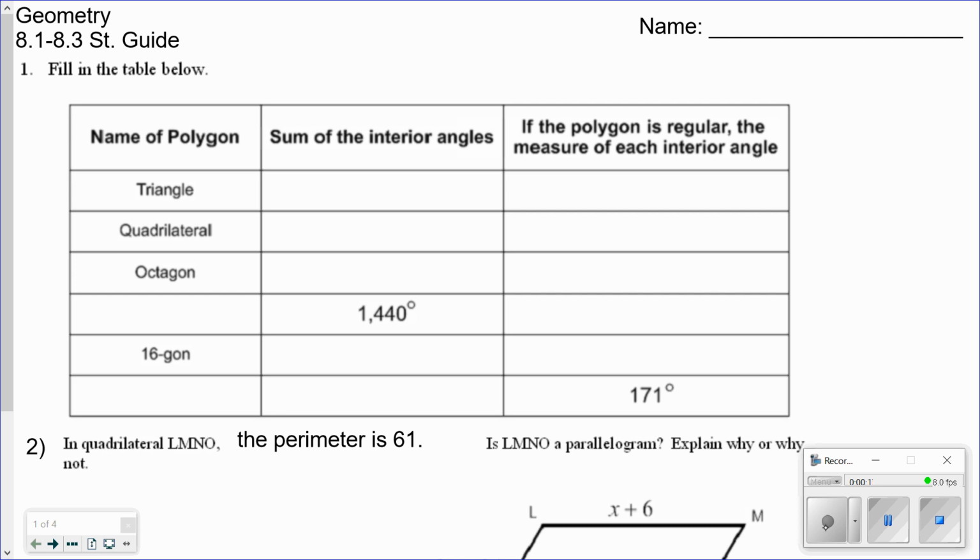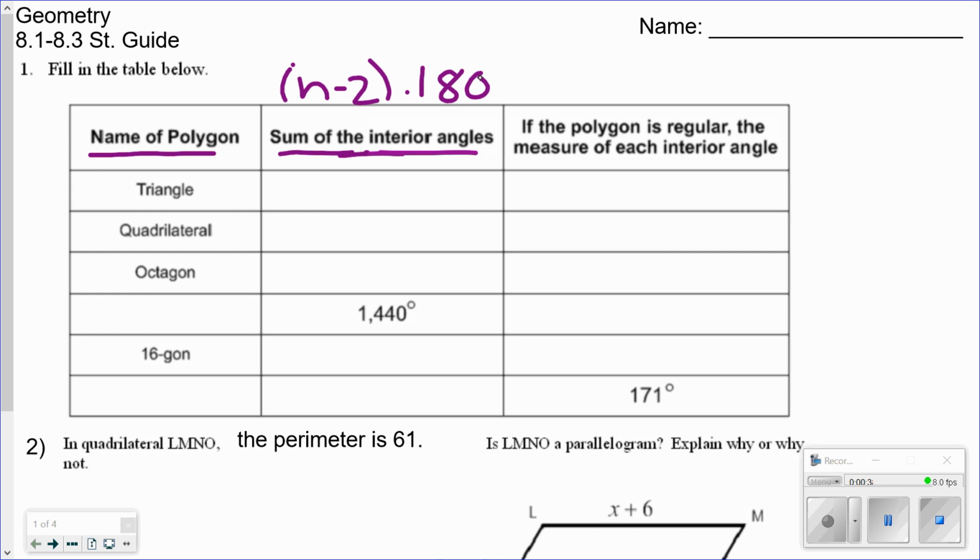So number one, we want to fill in the table below. If we look at this table, we notice that we have the names of the polygon, then we have the sum of the interior angles, which we have an equation for. And the equation is n minus 2 times 180, where n represents the number of sides.